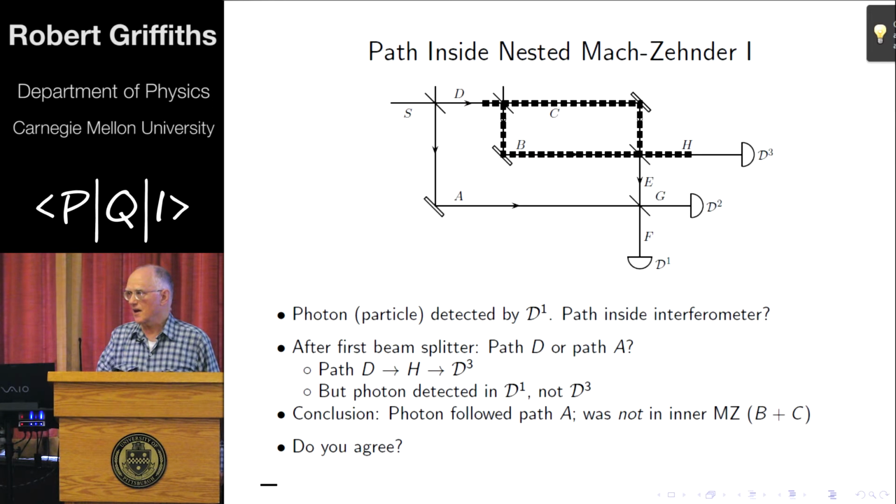But it wasn't detected by D3, it was detected by D1. Therefore, it didn't take the upper route, but instead it went through the lower route. Does this sound like a plausible explanation? Anybody willing to say they think it's plausible? I see at least one hand up.